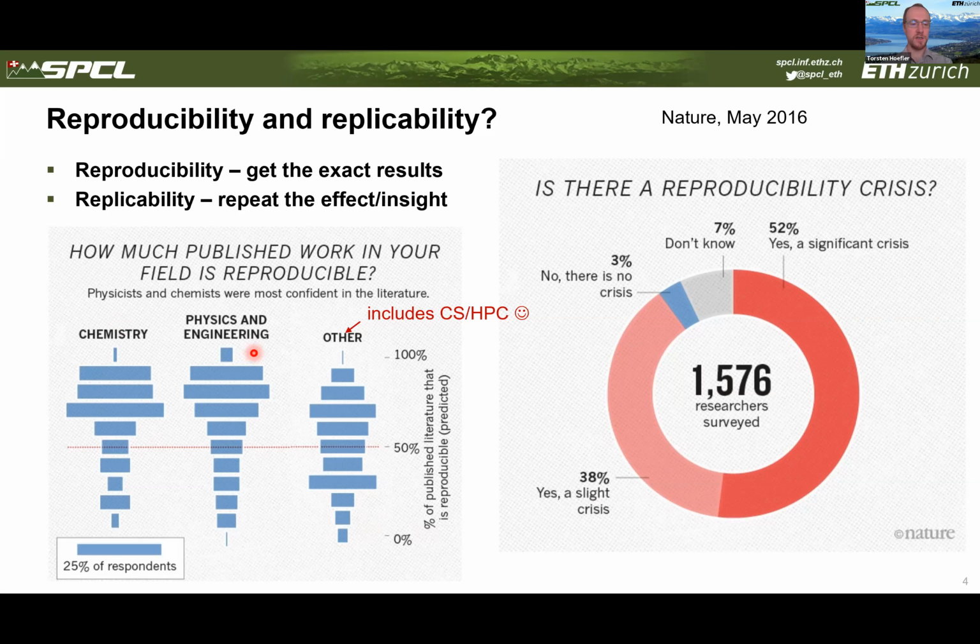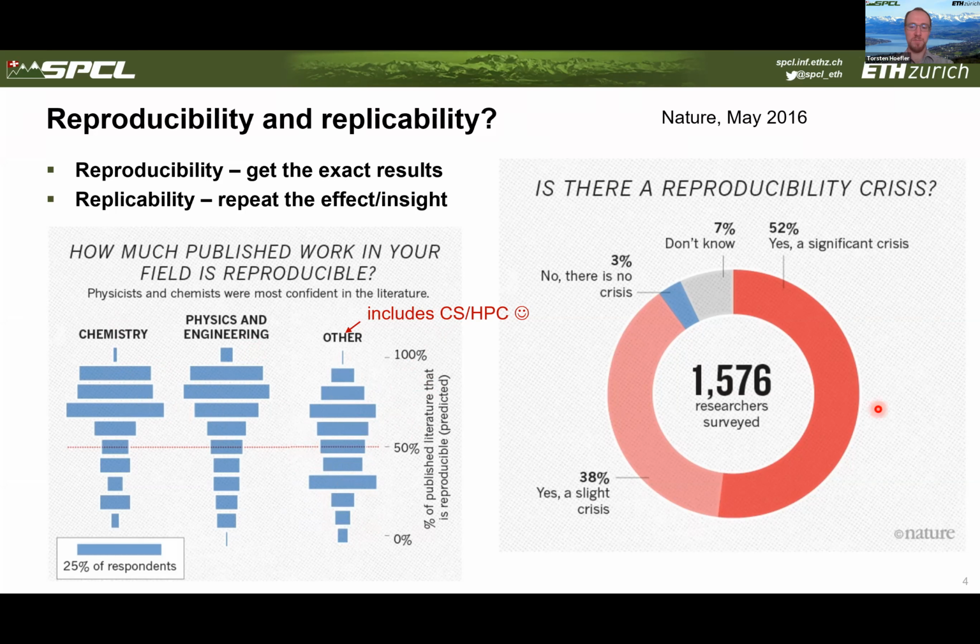Chemistry and physics and engineering are clearly biased towards the 100, so members of these two communities believe that most of the scientific results are reproducible. In the other category, which includes computer science, it's more mixed, I would say 50-50. A little bit less than half the community thinks less than half the papers are reproducible, and a little bit more than half thinks that more than half are reproducible.